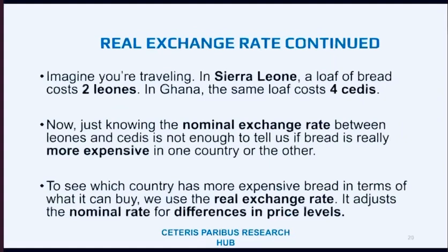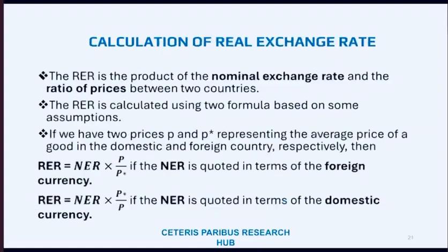So if we have two prices, say P and P star, where P represents the price of the good in the domestic country and P star represents the price of the good in a foreign country, then the real exchange rate will be equal to the nominal exchange rate times P over P star. This holds if the nominal exchange rate is quoting the foreign currency while the domestic currency is the base currency.